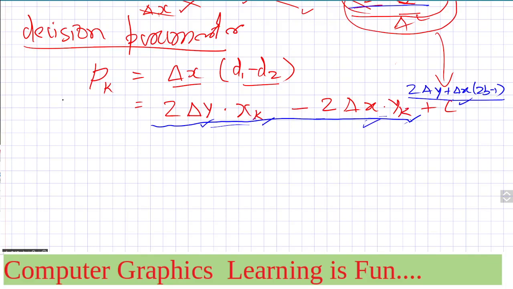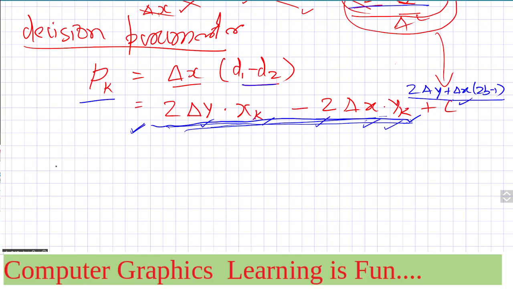What you have to understand is the sign of pk, whether this difference is positive or negative. That thing we are trying to find here. We have just replaced m. Now we don't have m here, right? We don't have any floating point operation. Now we have this value, using which we can easily find whether it is negative or positive, and depending on that we can decide.